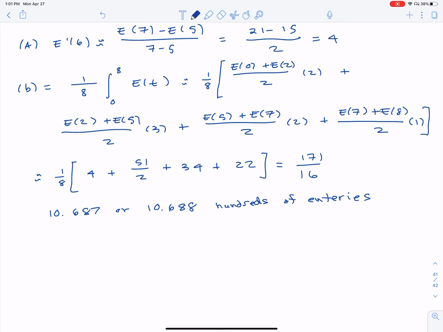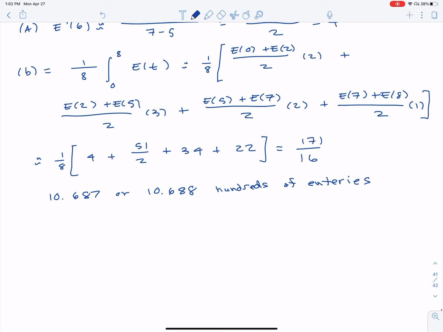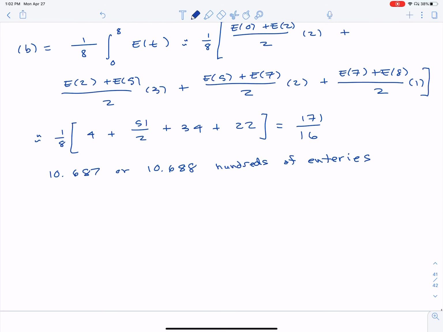Okay, let's see. Then they ask, what is the meaning? So this thing right here, the integral from 0 to 8 of E of t dt, this is the average value theorem. This is saying this is the average number of entries in the box from time 0 to time 8, because that's our average value theorem.